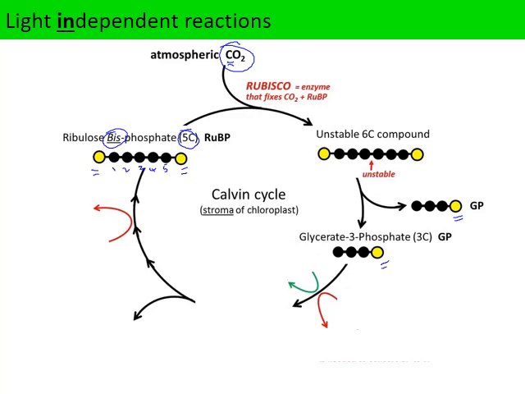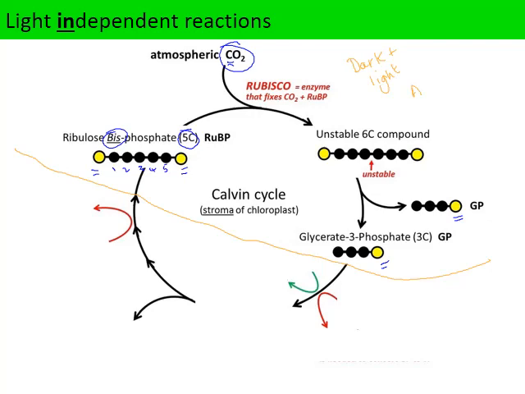Now, these reactions up to this point, so if we just split the cycle in half, so we draw a line here. The fixation of atmospheric carbon dioxide onto ribulose bisphosphate by rubisco to form the unstable 6-carbon compound, which splits into 2 glycerate 3-phosphate. This can occur in the dark and the light.